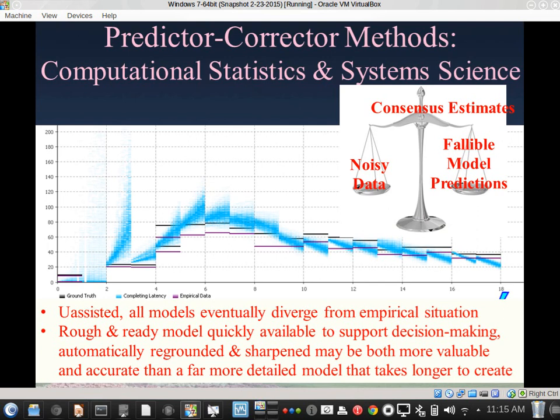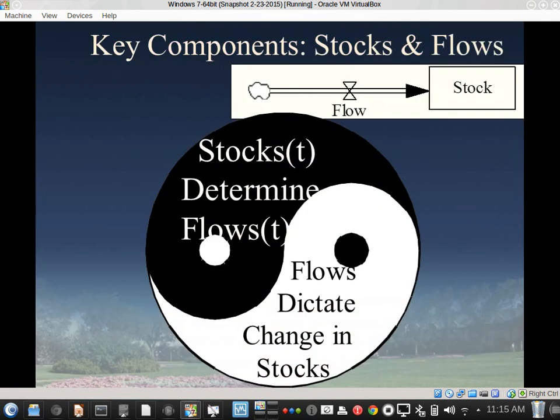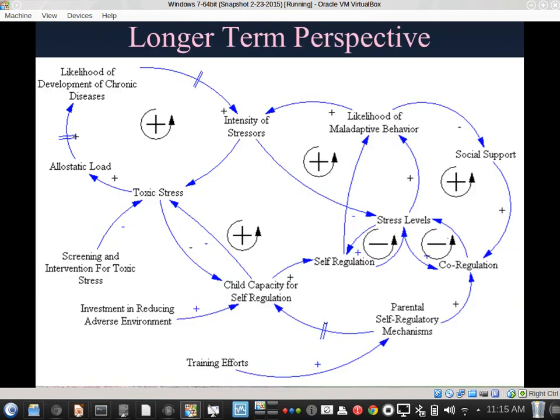Remember I talked about how the feedbacks of these systems change over time? In other words, if you have a system like this, there's shifting dominance of these feedbacks. Sometimes maybe this feedback will be dominant. Maybe as the child grows, it'll go from co-regulation being dominant to self-regulation being dominant.